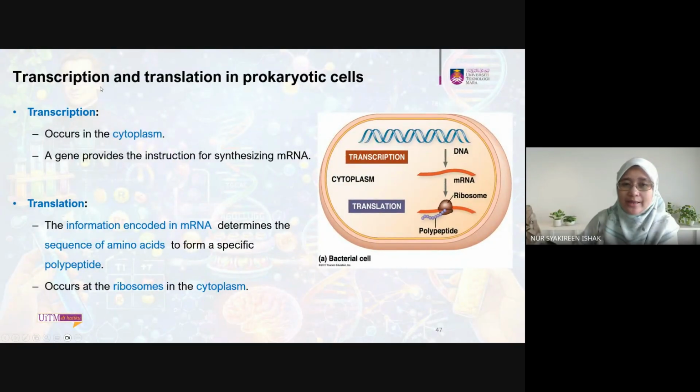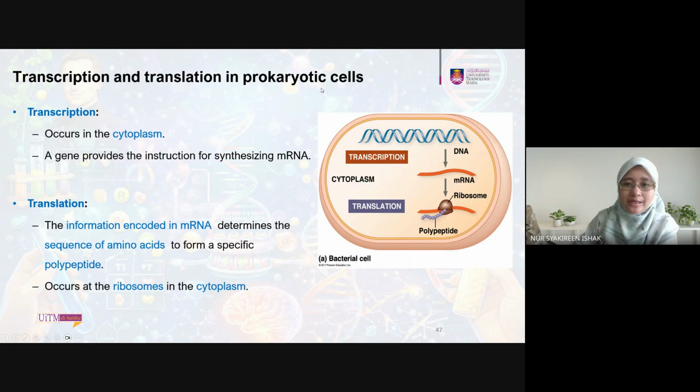Okay, so let's look at the process of transcription and translation in a prokaryotic cell. We are going to look at prokaryotic cells first because prokaryotes are simple organisms, so the process should be much simpler compared to transcription and translation in a eukaryotic cell.